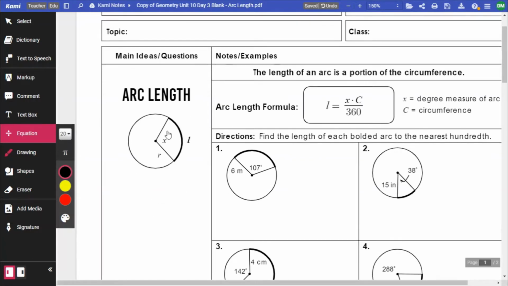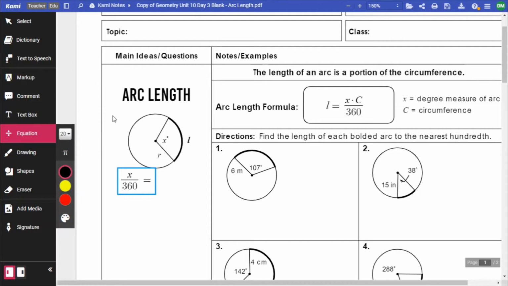To do that, I'm going to come over here and we're going to look at a ratio. We're going to set up a proportion where we show that two ratios are equal to each other. Because the arc measure and the central angle have the same degree measure, we can say that x over 360 is equal to... Let's take a look at that ratio real quick.